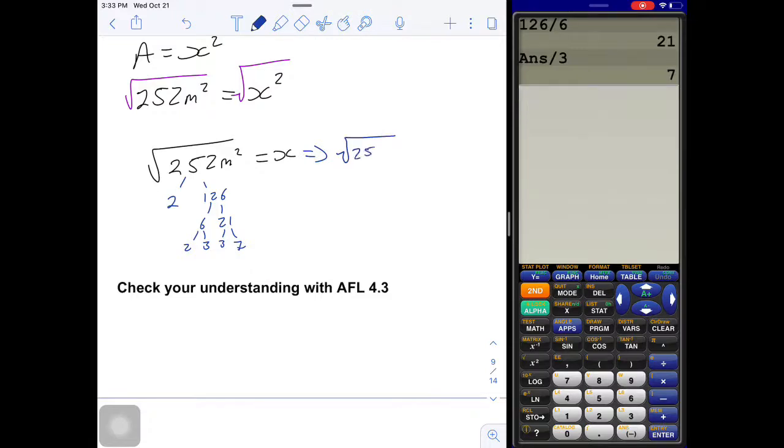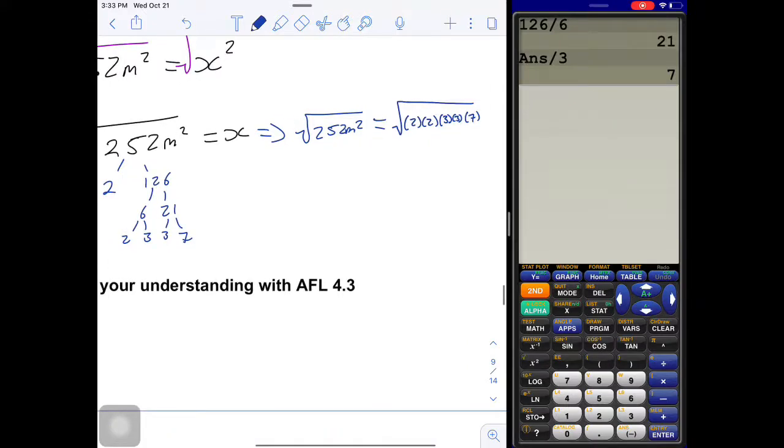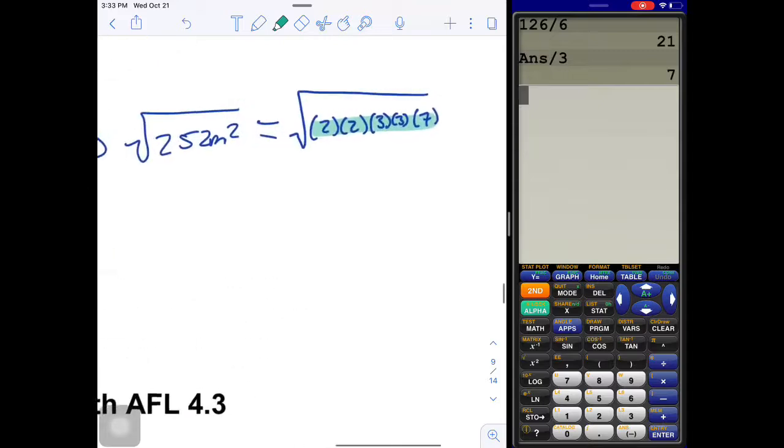The square root of 252 meters squared, I can represent in terms of its prime factors. So here I could represent it as the square root of 2 times 2, times 2 times 2, times 3 times 3, times 7. Again, I took all these values and multiplied them together here.